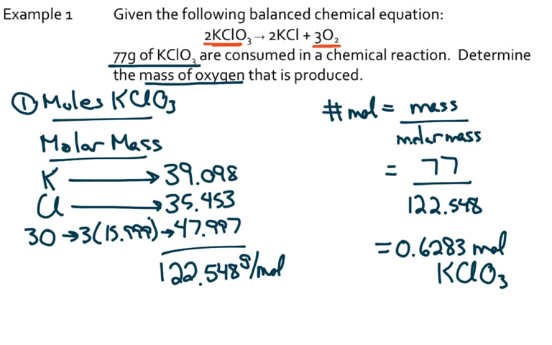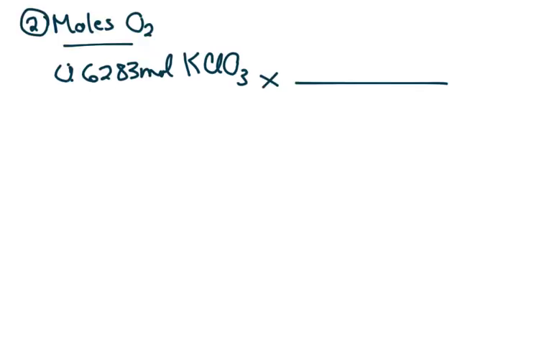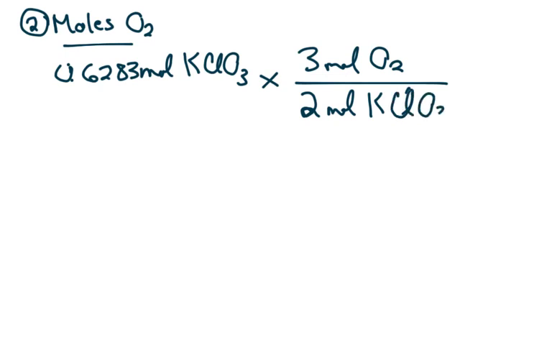KClO3, there's 2 moles of it being used up and 3 moles of O2 being produced. So when we go to multiply by the mole ratio, we'll have our 3 moles of O2 on the top. Our outcoming substance, or what we're trying to find, is always on top. And in the chemical equation, we had 2 moles of KClO3. So in that mole ratio, what we have goes on the bottom, what we're trying to find goes on top.